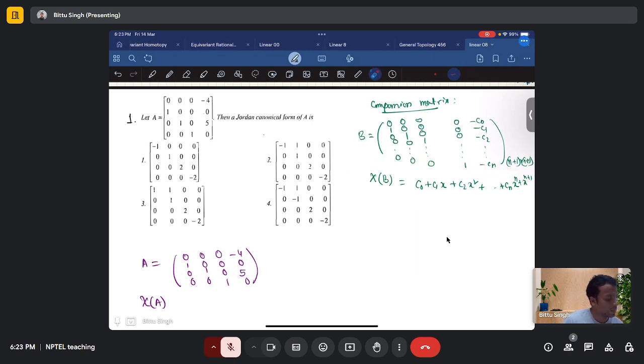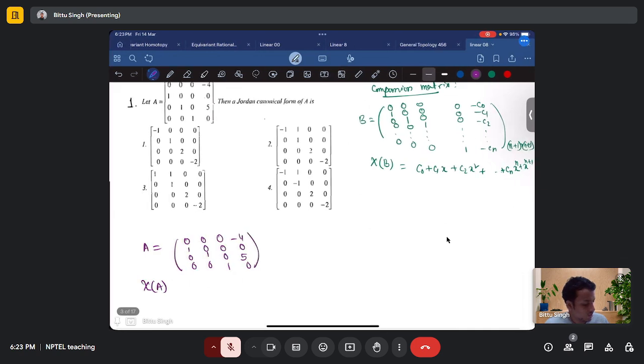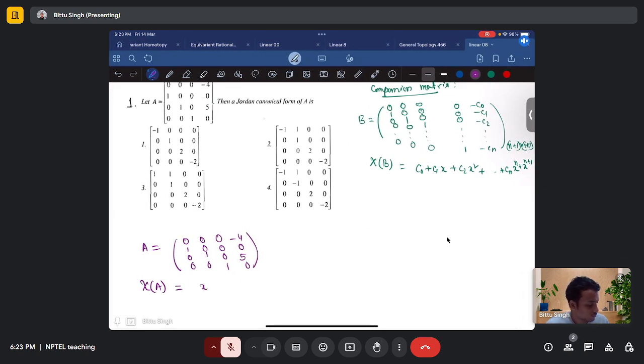Explicitly, you can just subtract, that is B minus xI, and take the determinant. If you calculate the determinant, it will take this form. I am not calculating the determinant here. Chi A is the same as xI minus A, and if you calculate the determinant, it will take this form.